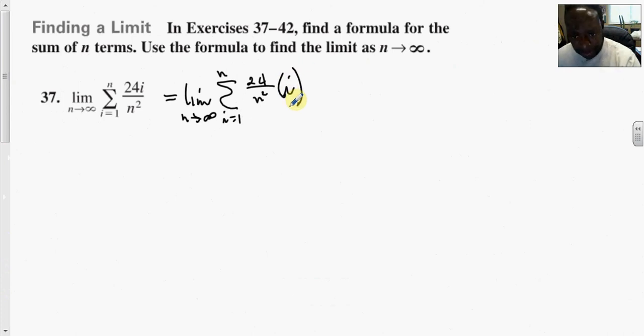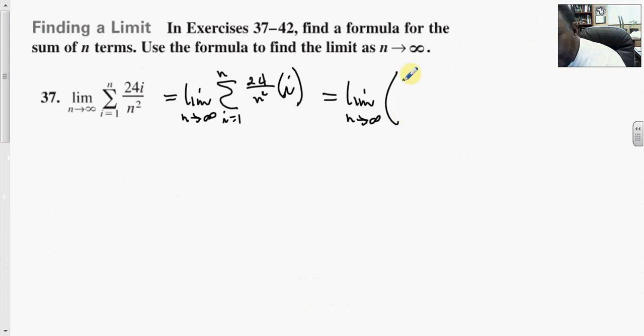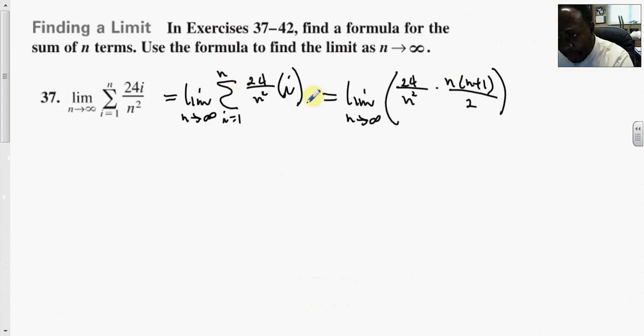Now, i will become n times n plus 1 divided by 2. So here we write this as the limit as n goes to infinity of 24 over n squared times n times n plus 1 divided by 2. What happened to the summation? Well, the summation of i is exactly n times n plus 1 divided by 2.